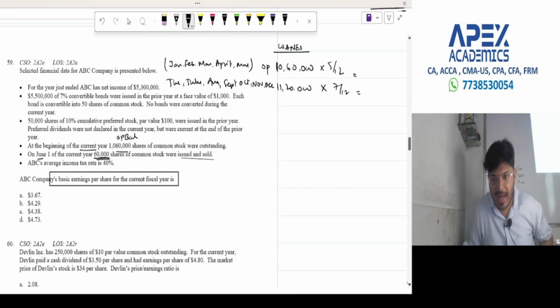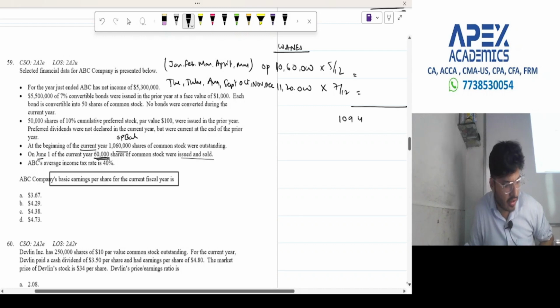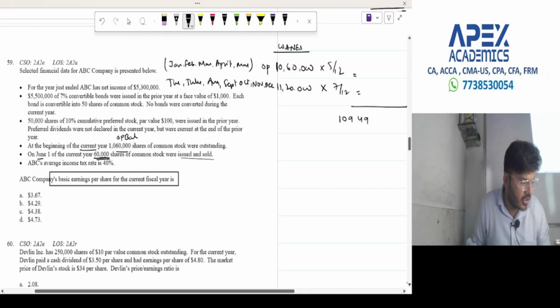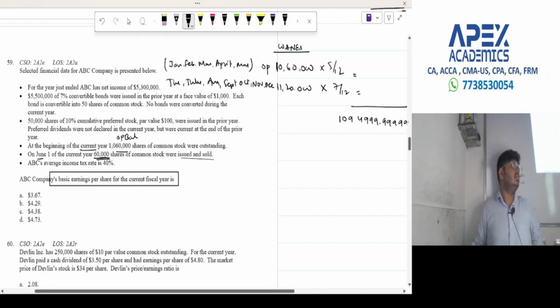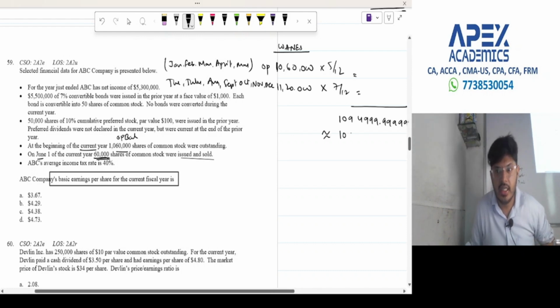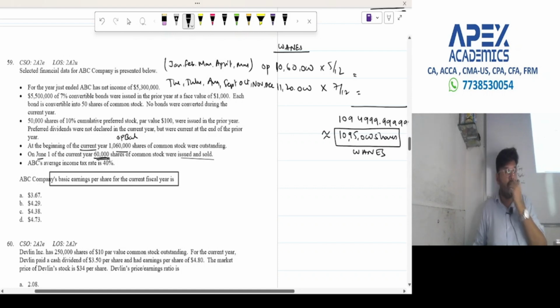My answer is coming as 10 lakh 94,999.99, so obviously it is 10 lakh 95,000 shares. This is my weighted average number of equity shares. Any doubts about this? No doubts about this.